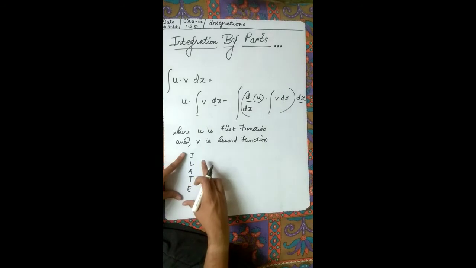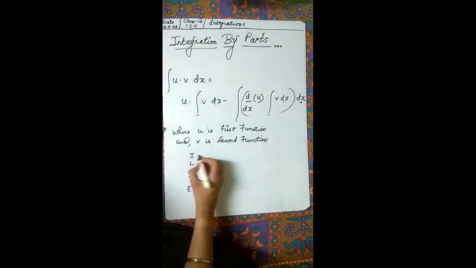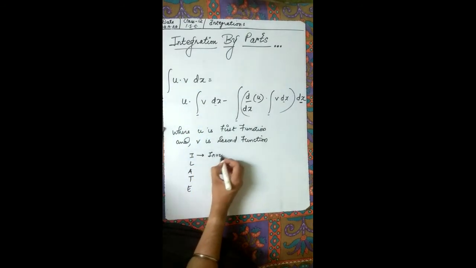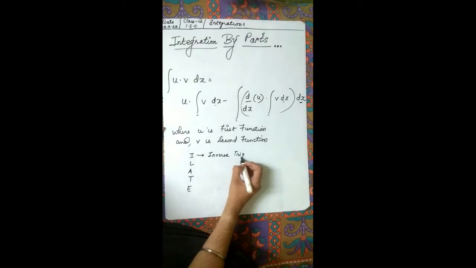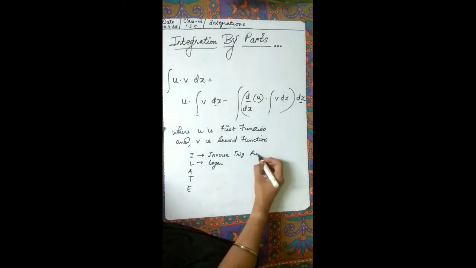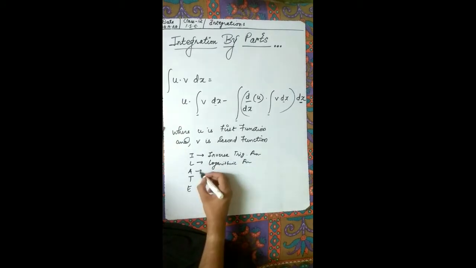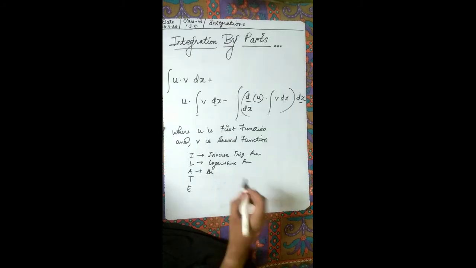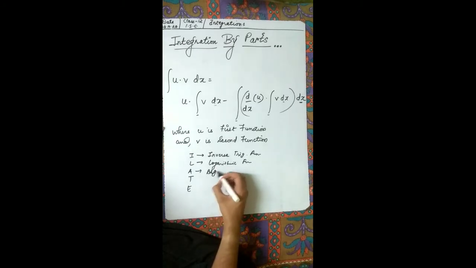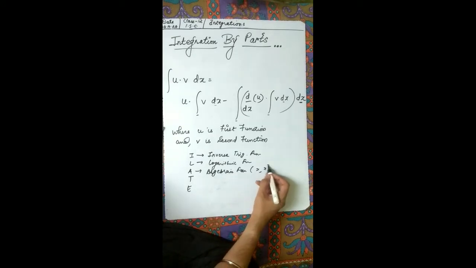ILATE is a trick we use for detecting which would be the first function and which would be the second function, where I represents inverse trigonometric function, L represents the logarithmic function, A represents the algebraic function, like x square, x cube.